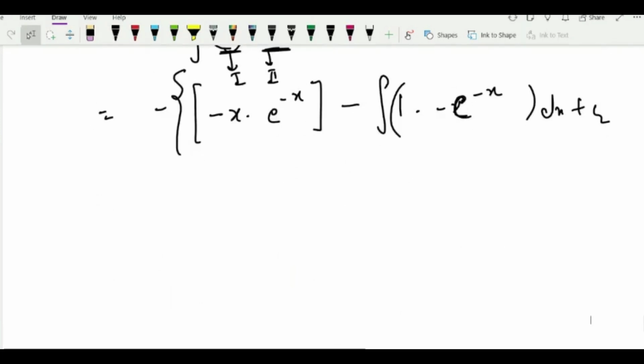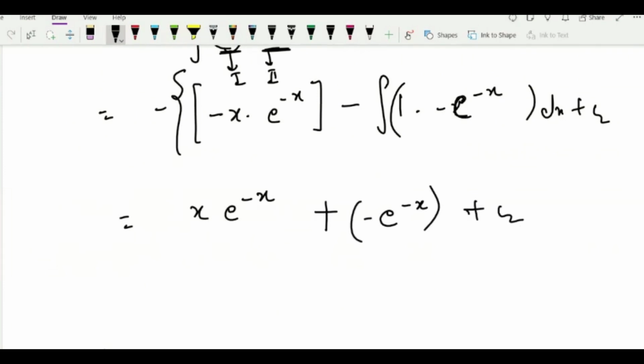We get here x e raised to power minus x minus minus plus e raised to power minus x integration again, minus plus c2. So here we get x e raised to power minus x, and one more minus sign is on the lower side, so it becomes plus e raised to power minus x plus c2.